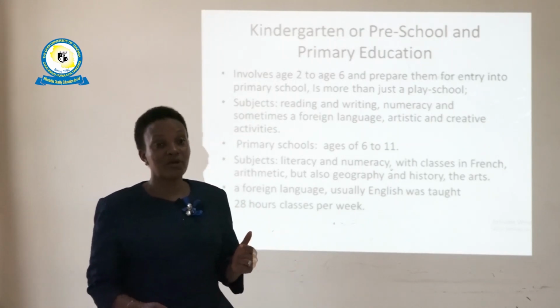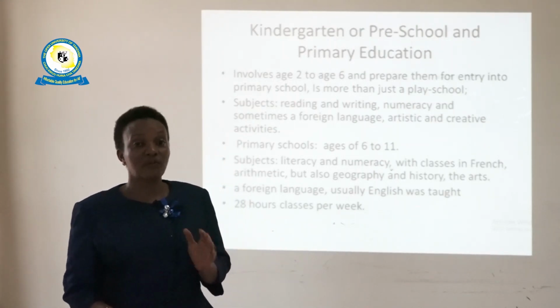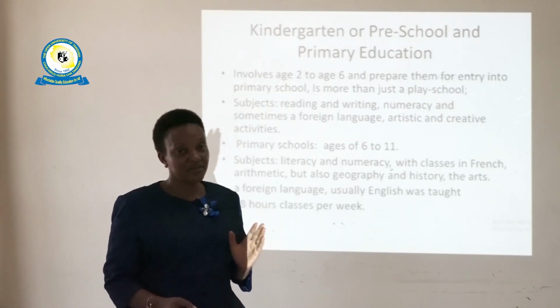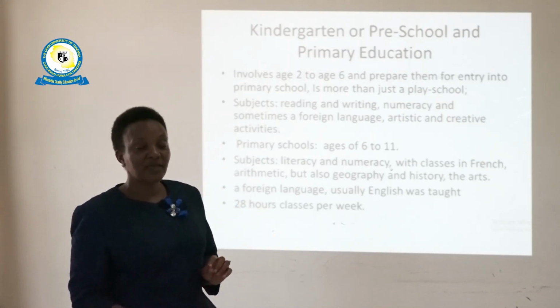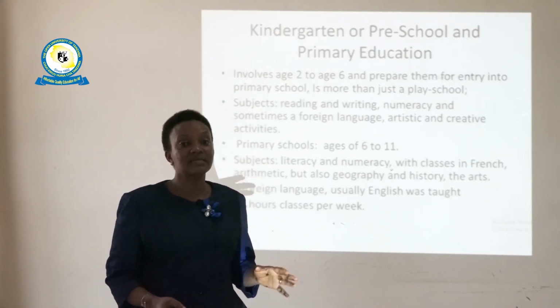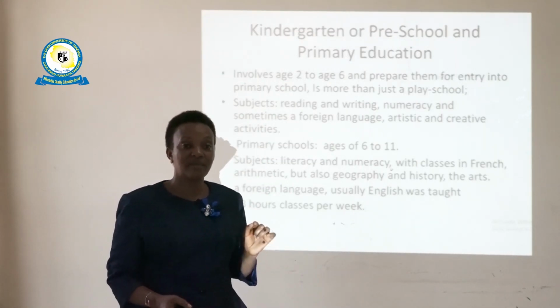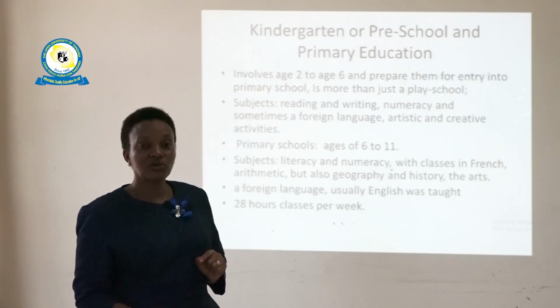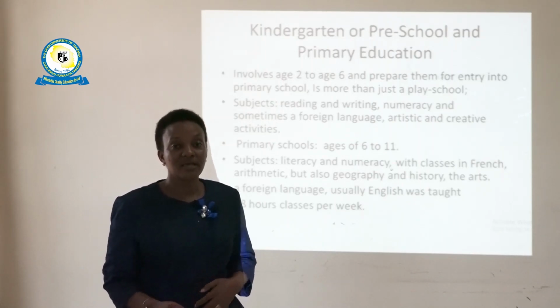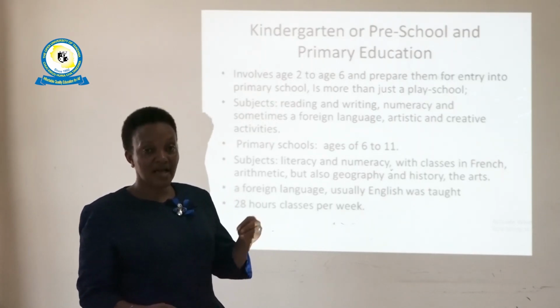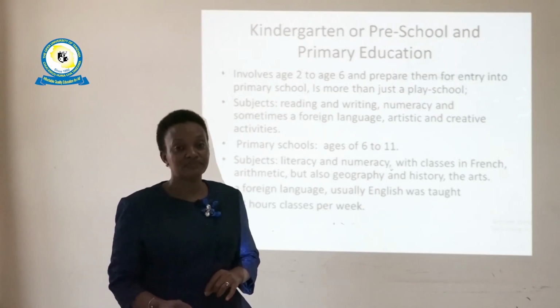Going to primary education, this is from age 6 to 11 years of age. The subjects that are taught are literacy and numeracy, with classes in French, arithmetic, but also geography, history, and art subjects.